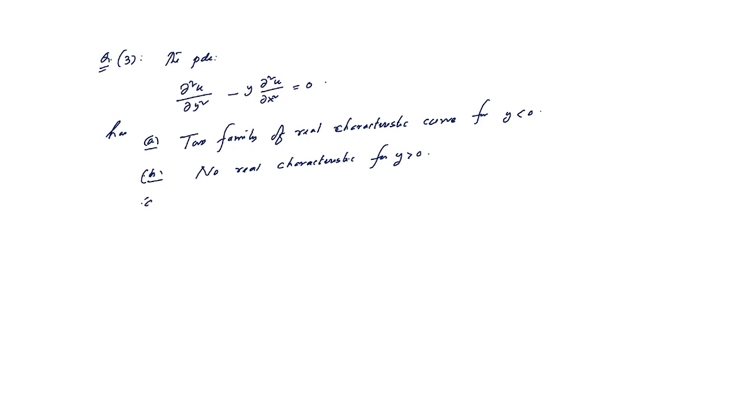Option C: vertical lines as a family of characteristic curves for y equals 0.